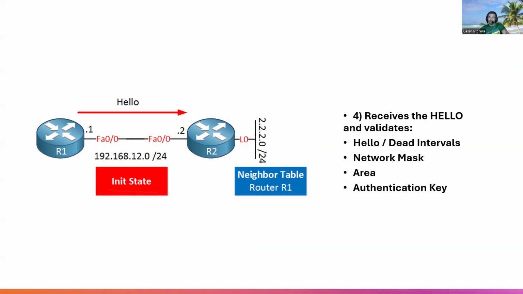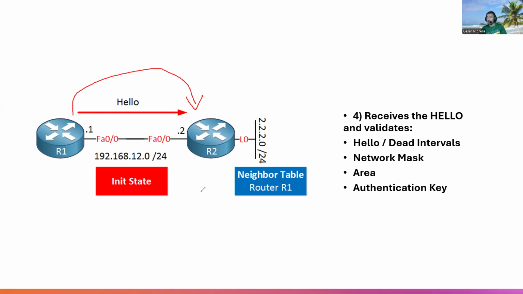Init state. Let me just clear that line that we will not see because everything is in red. So what you can see right now is that we are sending a hello packet from router 1 to router 2. It is working as an init state. The router sends this hello, but there is still not a confirmation and a validation that we have a match.